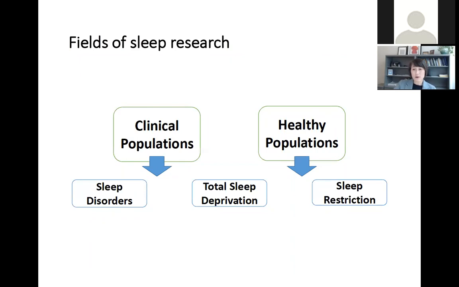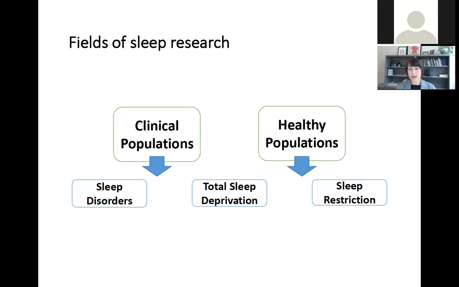And then you also have another group of researchers who are more focused on healthy populations of sleepers. So individuals who are generally healthy, but just aren't quite getting enough sleep for a variety of different reasons. Over to the left-hand side of your screen, you see these sleep disorders.